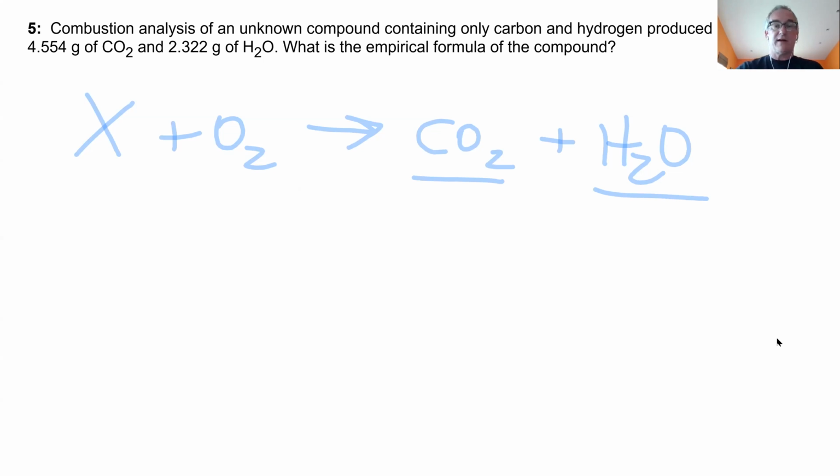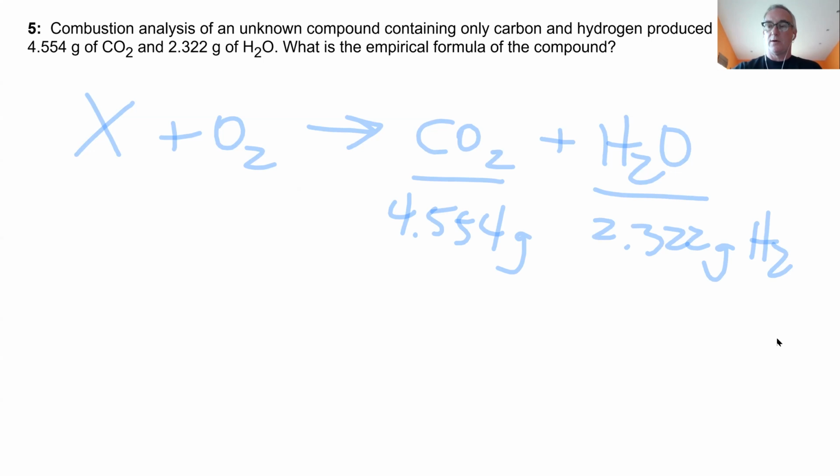It tells us we've got 4.554 grams of CO2 and 2.322 grams of H2O. So using this information, how am I going to figure out how many moles of just carbon are in this particular sample?